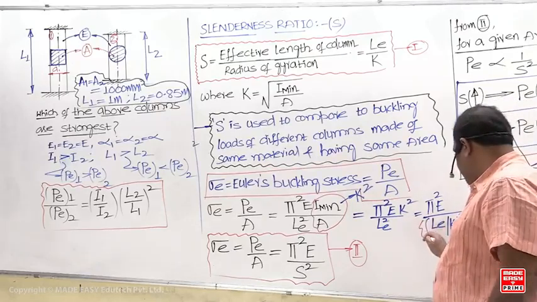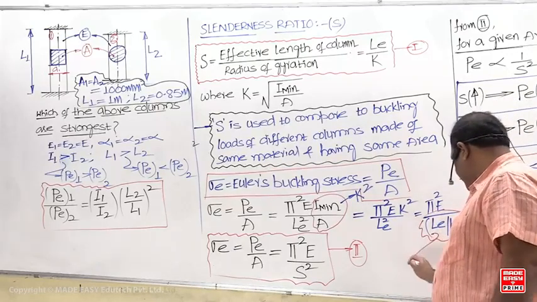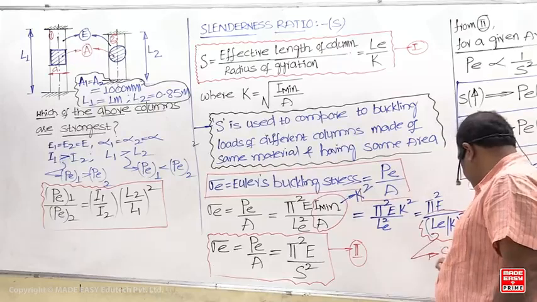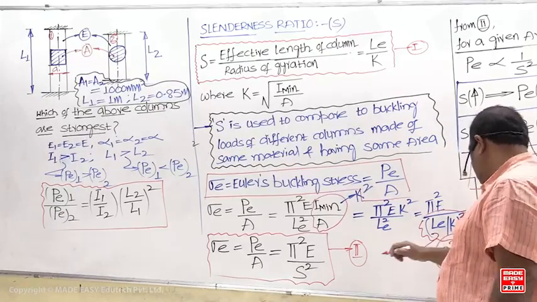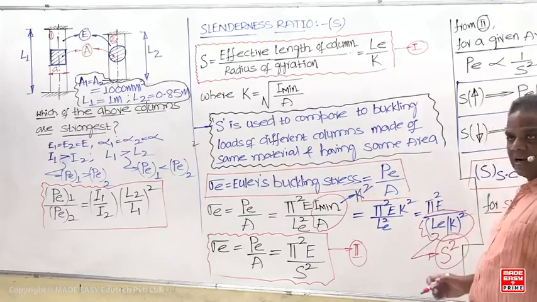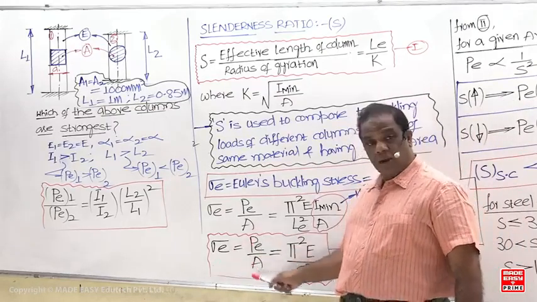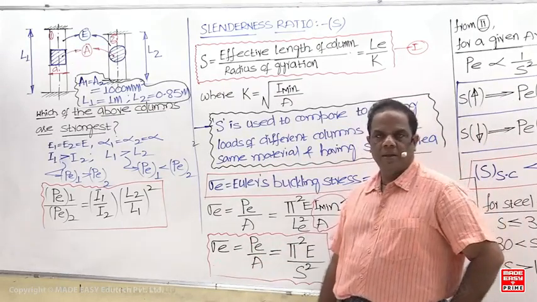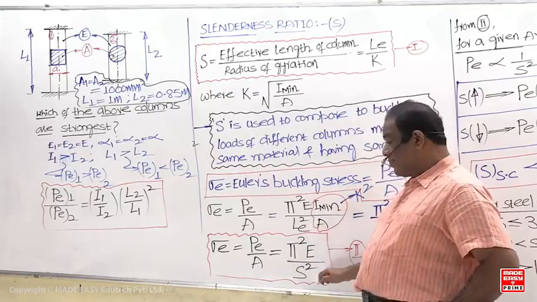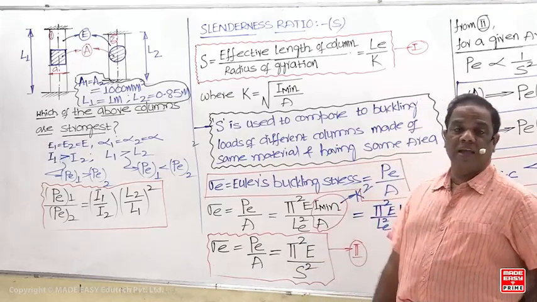LE by K is nothing but the slenderness ratio. So overall, the buckling stress, buckling load upon area, is equal to pi square E by S square. If two columns are given, you can use this formula, pi square E by S square.